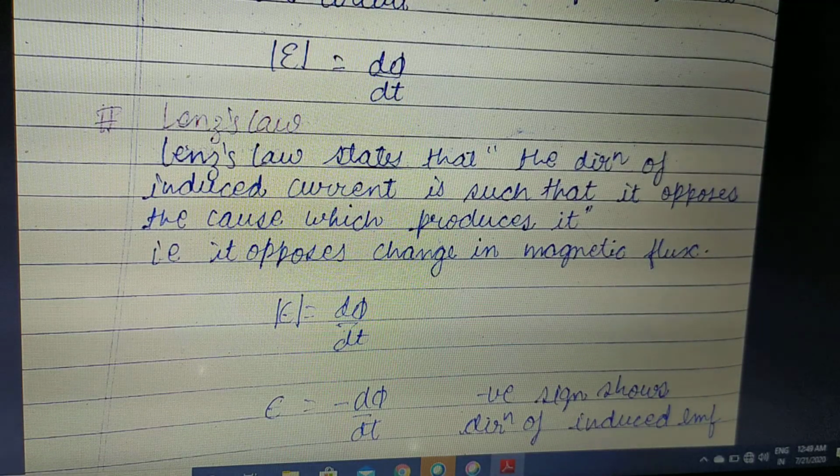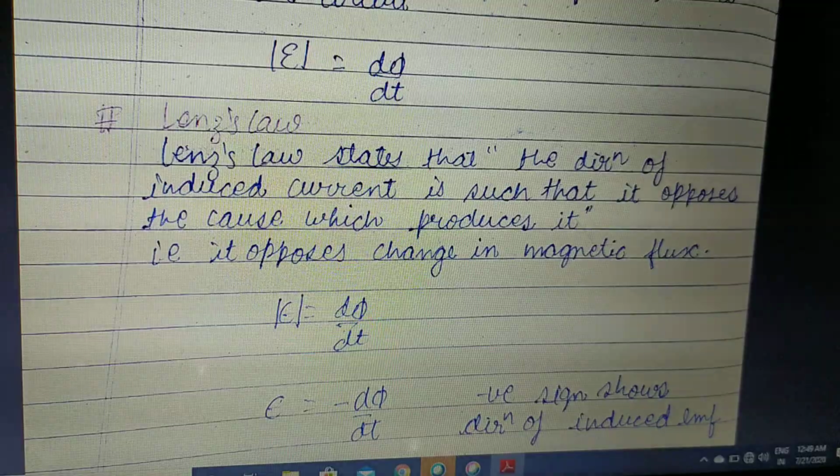So we can say the direction of induced current is opposite to the cause, or opposite to the change in magnetic flux, which is the reason behind this induced EMF.